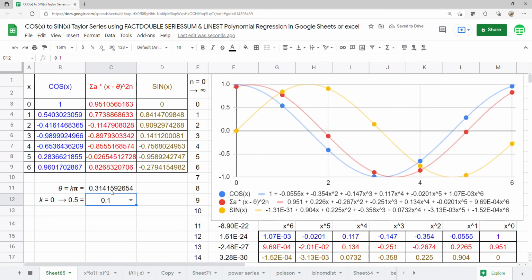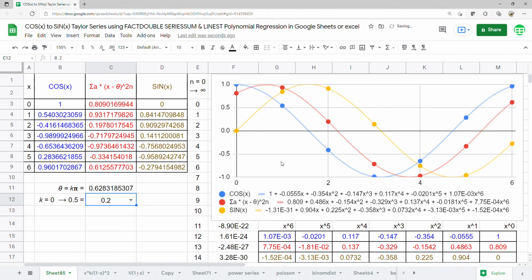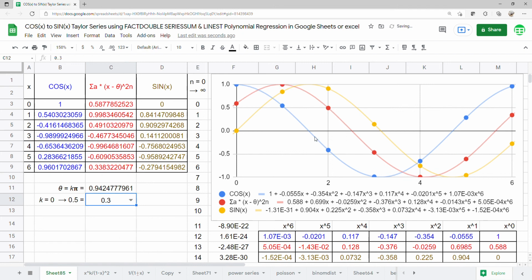This time it's 0.314 radians from cosine. Move it to k equals 0.2. Now it's 0.628 radians from cosine. And 0.3, it's now 0.942 radians from cosine.